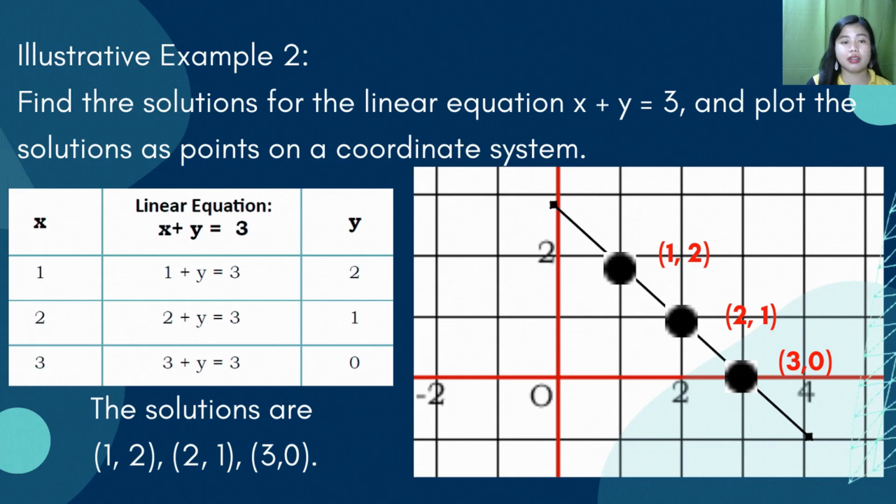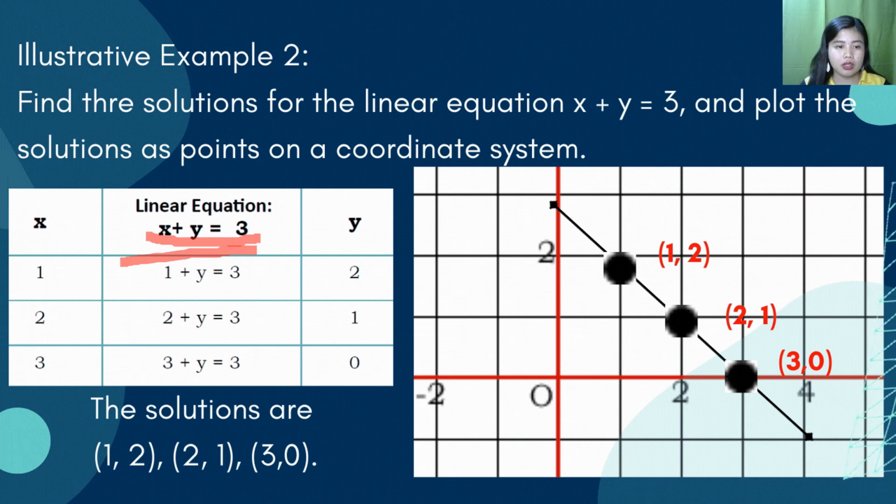Okay, we have here example number 2. Find 3 solutions for the linear equation x + y = 3 and plot the solutions as points on a coordinate system. The given equation is x + y = 3. You may think of possible values for x.